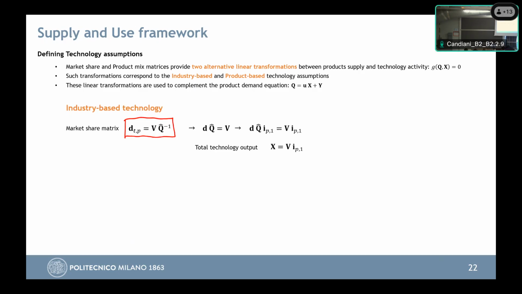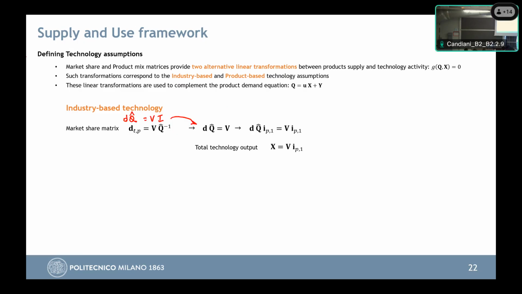Now, if we post-multiply each side of this equation by the diagonal of q, we get the identity in the second right-hand side, and so we get this equation here: V times diagonal of q equal to V.